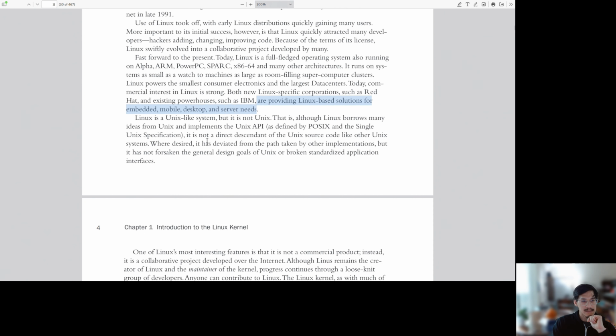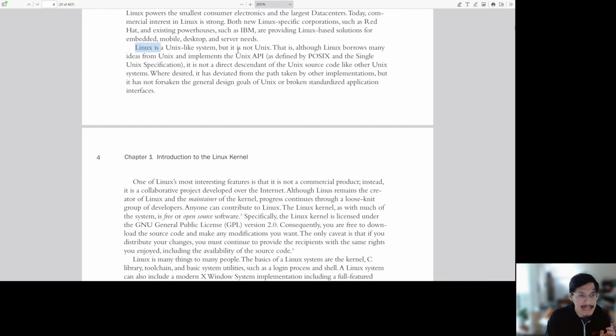Linux is a Unix-like system, but it is not Unix. So important to remember that. Linux is not Unix. That is, although Linux borrows many ideas from Unix and implements the Unix API as defined by POSIX and a single Unix specification, it is not a direct descendant of the Unix source code like other Unix systems.